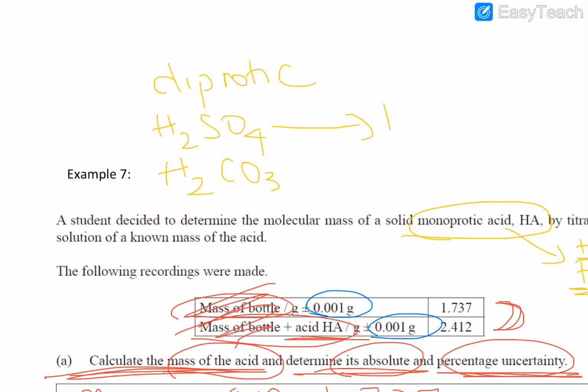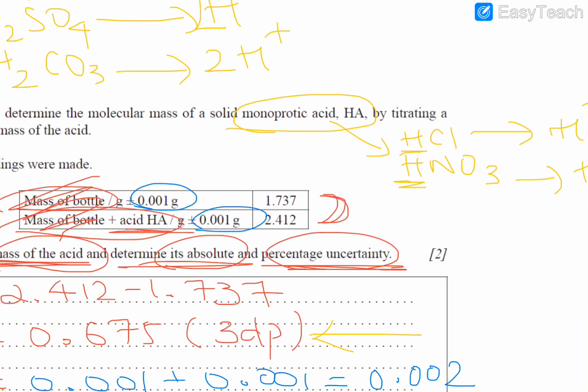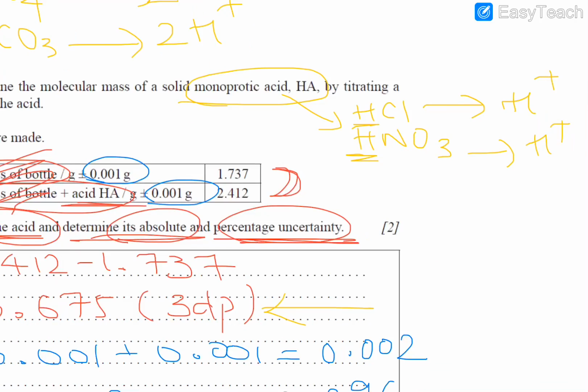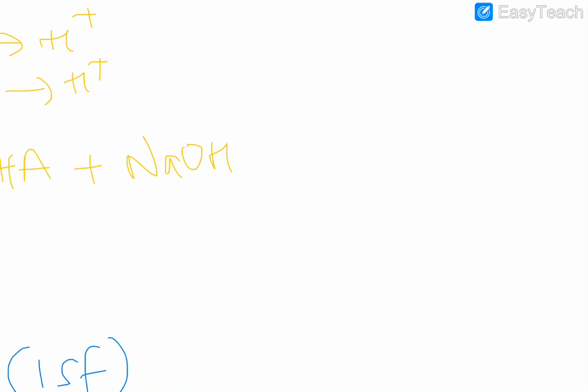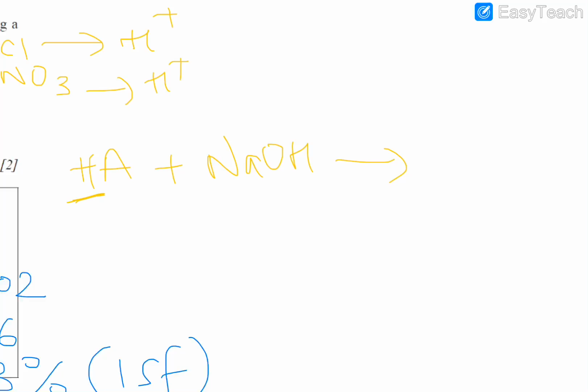Diprotic will produce 2 H+. Triprotic will produce 3 H+. So for monoprotic acid, when HA reacts with NaOH, there's just going to be one H+ that is going to react with the OH minus, which means that the ratio of acid to alkali is going to be 1:1 because it's monoprotic.